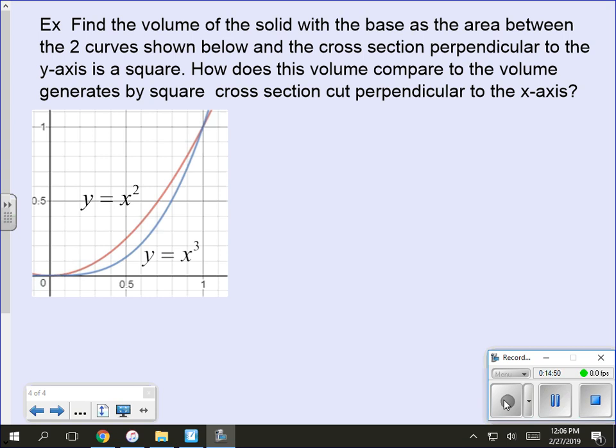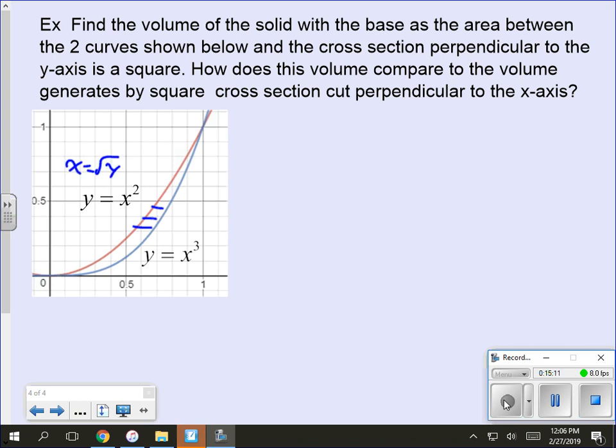So when you're doing this, you have two problems. The first problem, cross-section perpendicular to the y-axis. So the first one, your slices are going this way, which means that you need to do it dy. So instead of y equals x squared, you have x equals the square root of y.